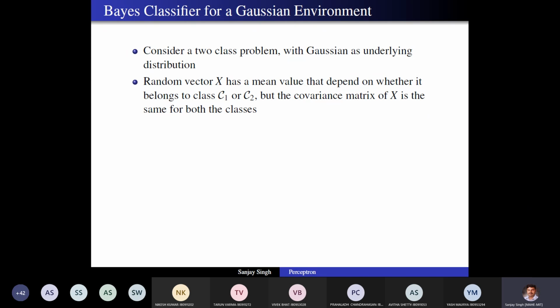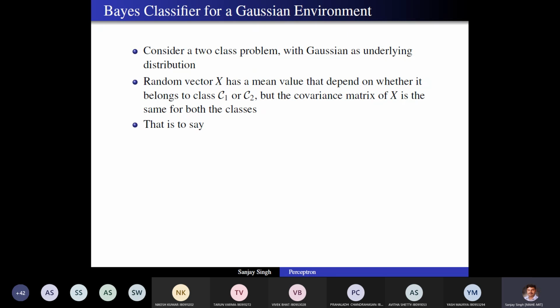What do you mean by that? Whatever pattern you have taken, it can have a mean depending on whether it belongs to class 1 or class 2. So a different mean is required, but it can have the same covariance matrix. What does it mean? Anyone?